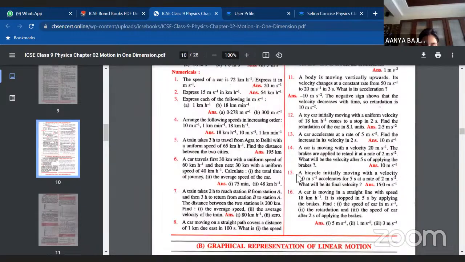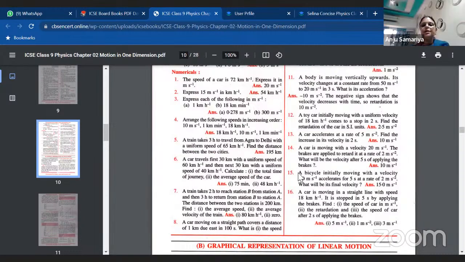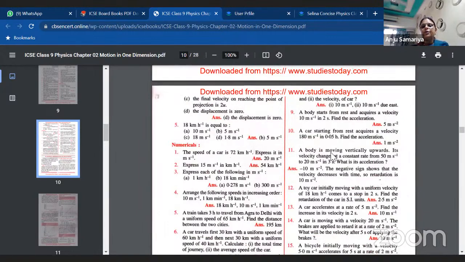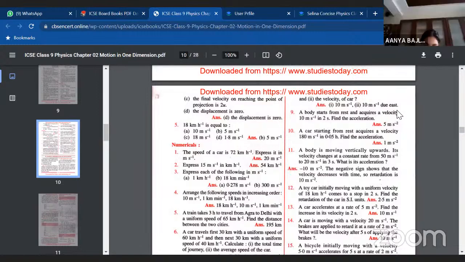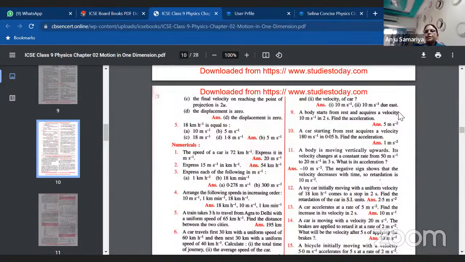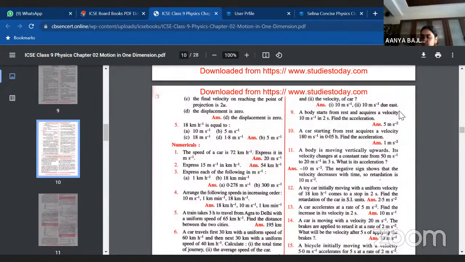We will convert it into meters, so it will be 1,000 meters. So 1,000 upon 100. So that you got. And then velocity, only you have to put the direction. Yes, you have to just put the direction.